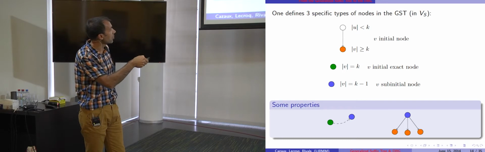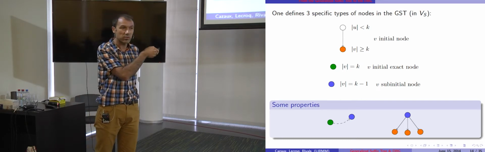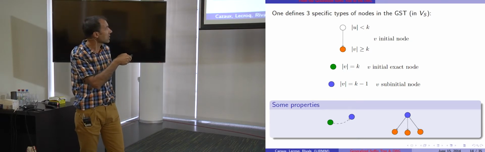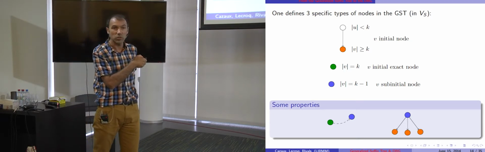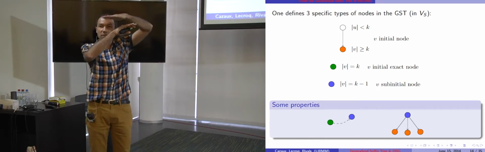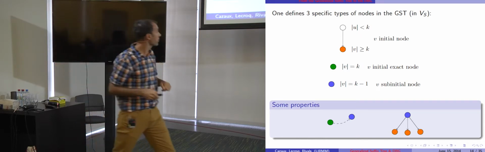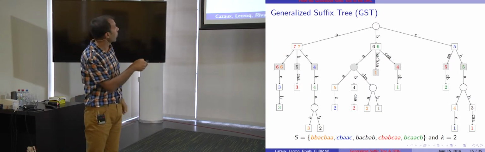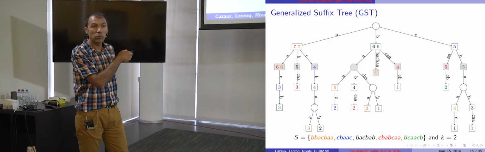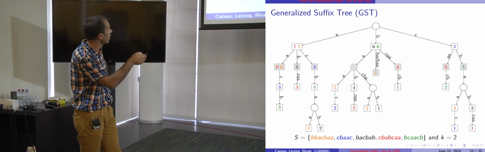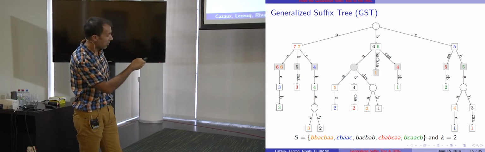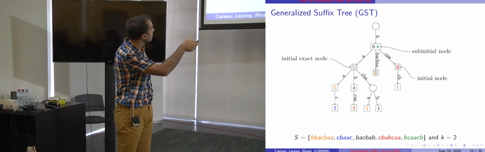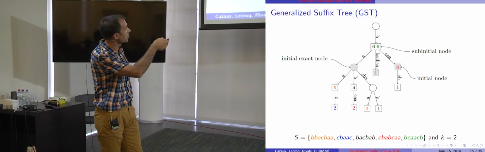Okay, if the initial node has exactly length k, this is a special case, we call it initial exact node. And if it's shorter, of length k-1, we say subinitial. Okay, just before the level of k-mer nodes. Here, the same example with the initial nodes representing k-mers in gray. Those three are initial nodes in gray.